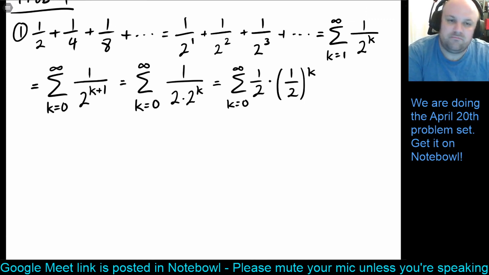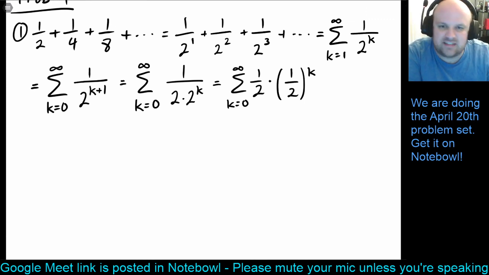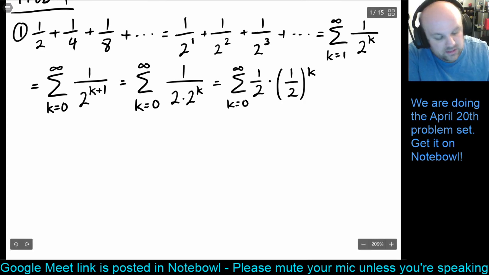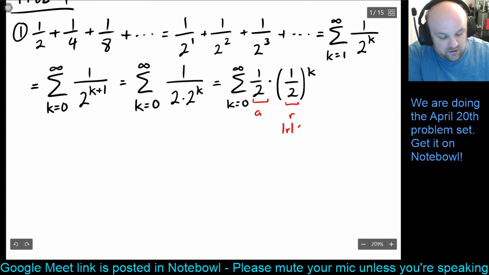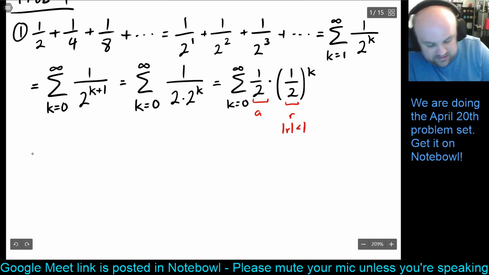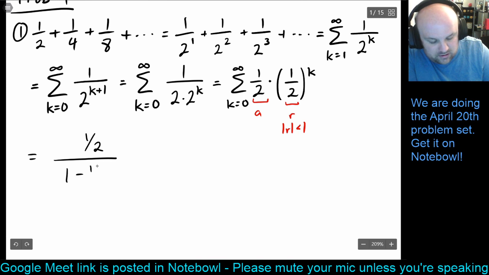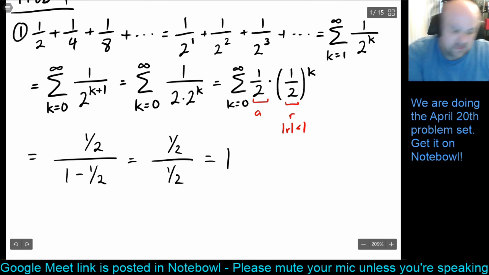Remember, 1 and 1 to the k are exact same thing. So as far as geometric series go, this is A, this is R, and here we have that the absolute value of R is in fact less than 1. So this series is going to converge to A over 1 minus R. So this is 1/2 over 1/2, which is 1.